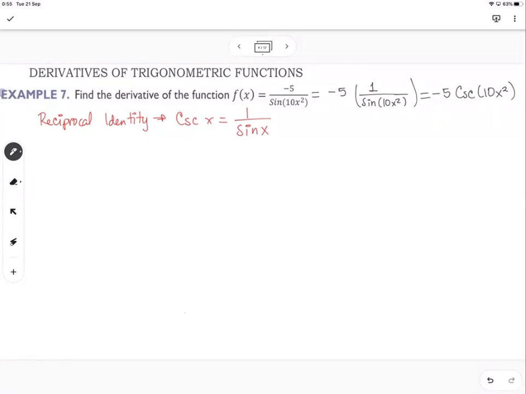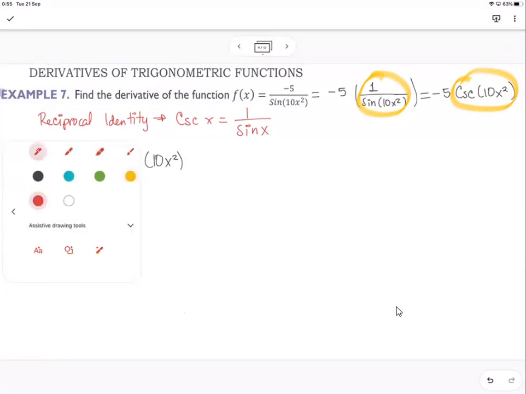Okay, so once you have rewritten the problem, I'm going to write it here at the bottom. -5 cosecant of 10x squared. Remember, we are replacing 1 over sine with the corresponding reciprocal identity, okay?